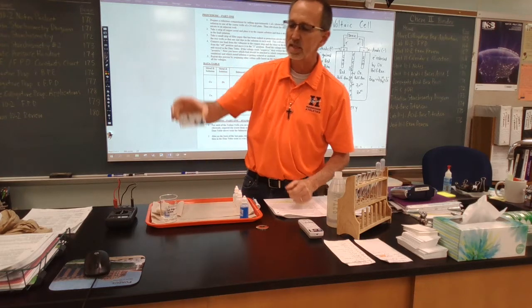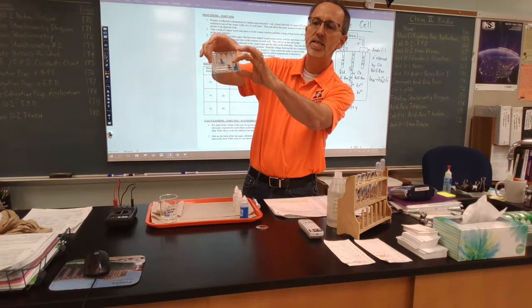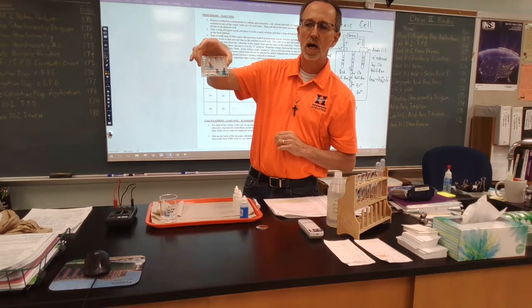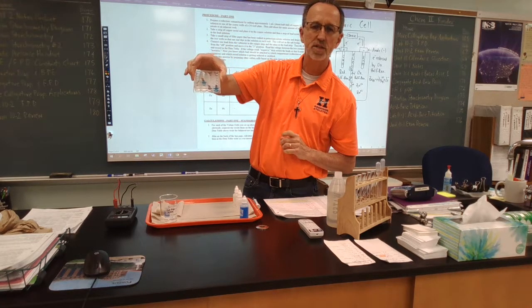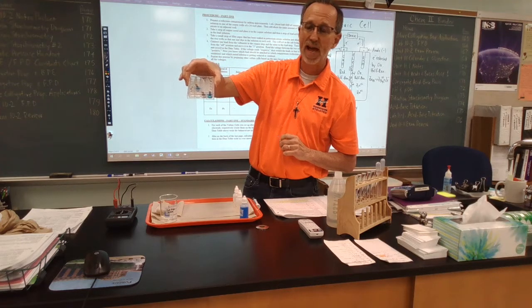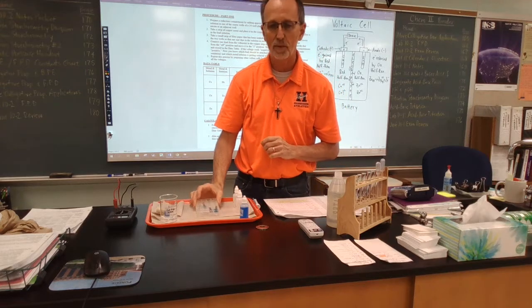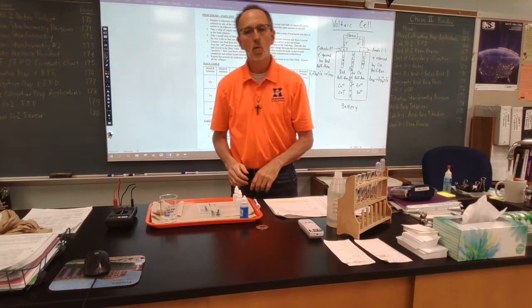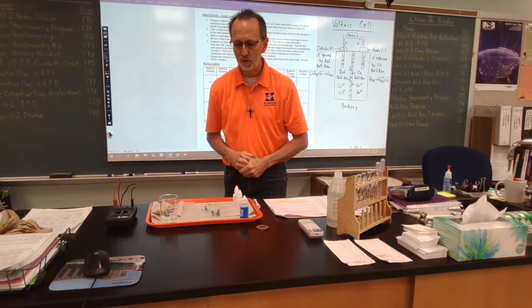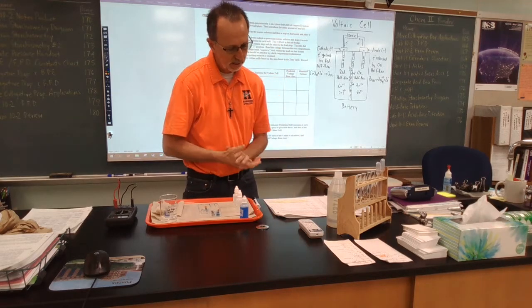And hopefully you can see that I have a piece of KNO3 soaked filter paper draped between the 2 half reaction compartments so that it is touching both solutions. So we now have a salt bridge established between the 2, which will allow for the continuous flow of electrons from anode to cathode.